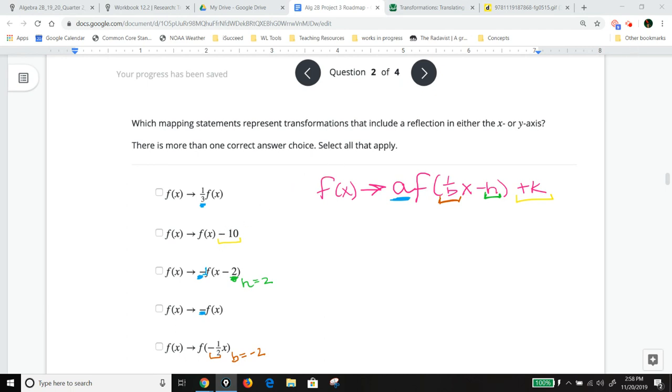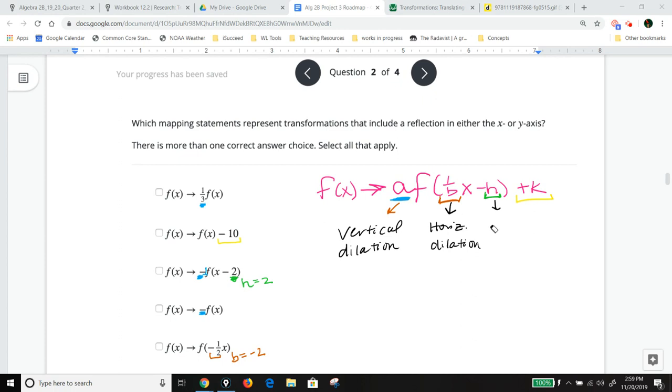So you might be recalling that the a is a vertical dilation, so it's going to stretch, go up and down. So this is the thing that makes things really tall or really short. The b value is a horizontal dilation. So it's going to make things really skinny or really fat. h is a, nope, that was wrong.